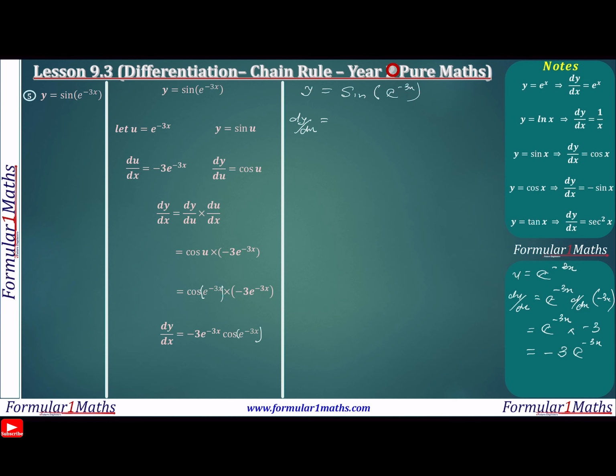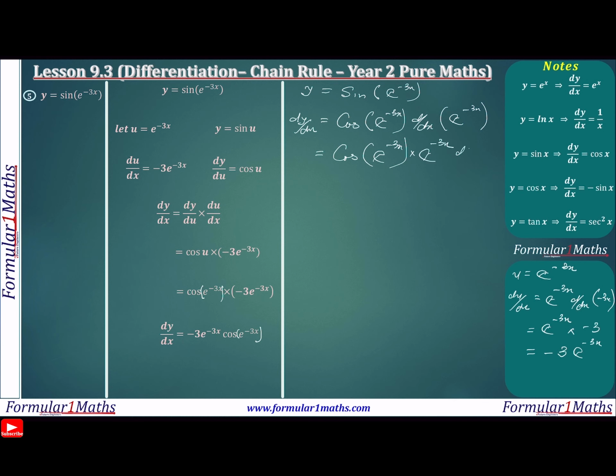So I'm going to get cos of e to the power minus 3x. Then I'll differentiate e to the power minus 3x. So now I have cos of e to the power minus 3x times, if I differentiate e to the power anything, I get e to the power of that thing. So I'm going to get e to the power minus 3x.